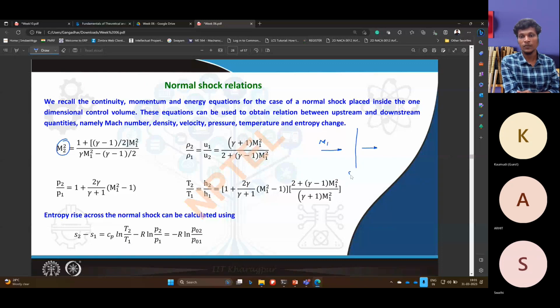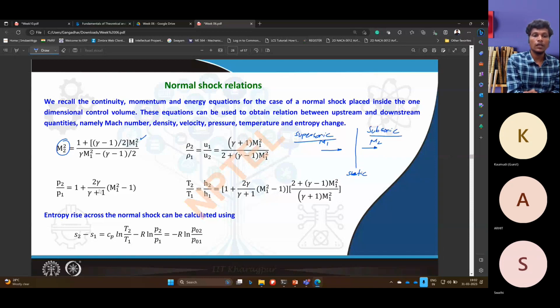Note that it is a static, non-moving shock wave. Then you will see a flow with lower Mach number, that is subsonic levels, and this is supersonic levels. If you have a supersonic Mach number across the shock, it will easily become subsonic. But note that these relations are applicable only for normal shock waves.